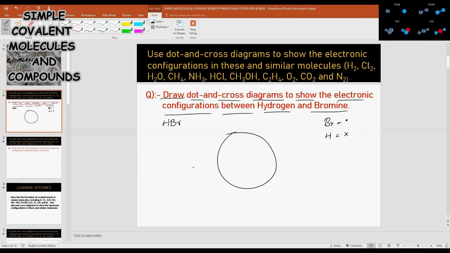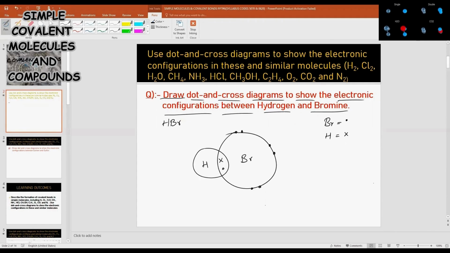This is bromine, this is hydrogen. HBr. First of all, I'm going to show the valence electron of hydrogen, which is 1. Now let's show the valence electrons of bromine, which are 1, 2, 3, 4, 5, 6, 7. You see, both have completed their valence shell.